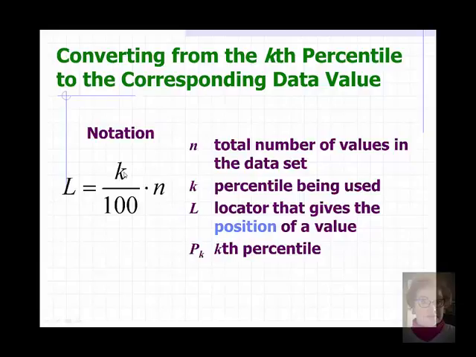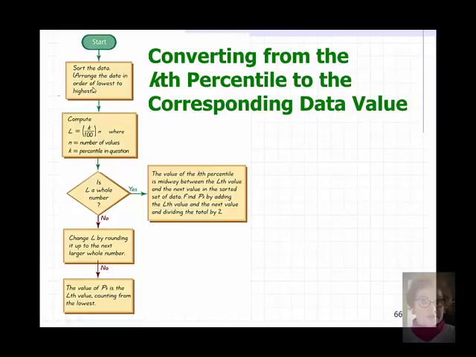You take the percentile that you are interested in divided by 100 times the total number of values in the data set. That gives you the location or the position of a certain percentile score. Here's a flow chart that you can work through on your own. This is also found in your textbook on page 135.